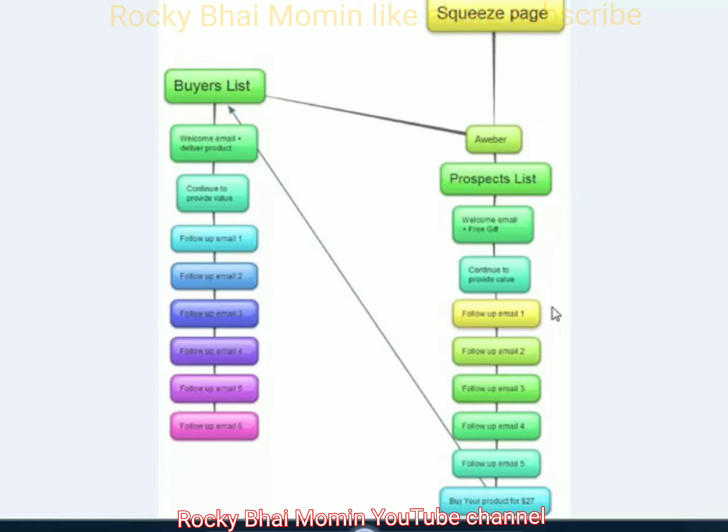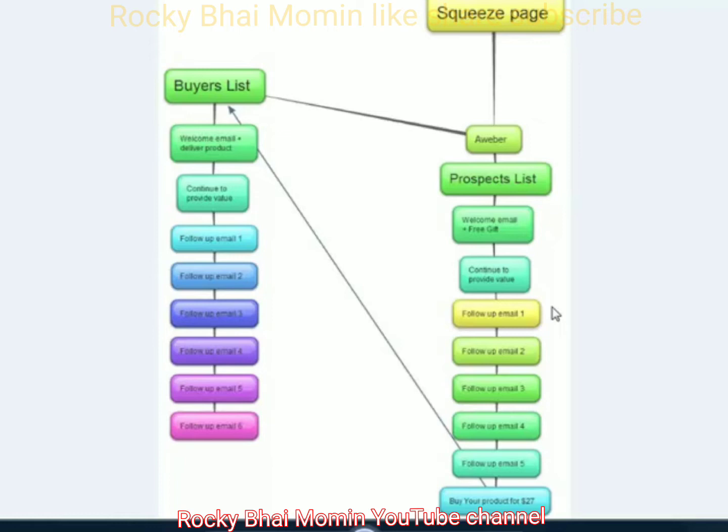At the same time, don't think that you need to have lots and lots of emails set up, like over 2 months worth of emails, because there's no need for you to have that many emails set up initially, because sales funnels get developed over time.